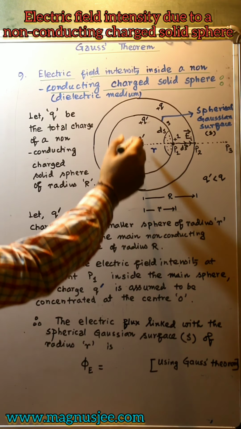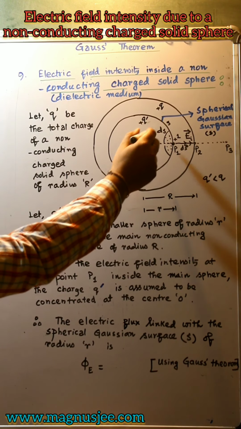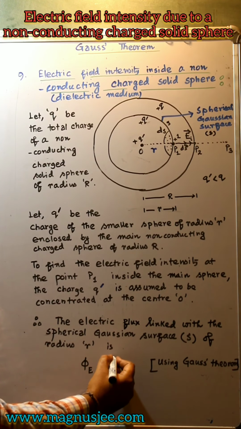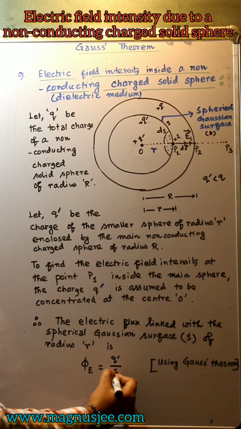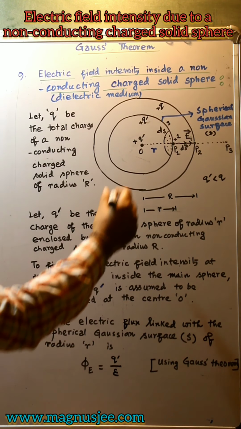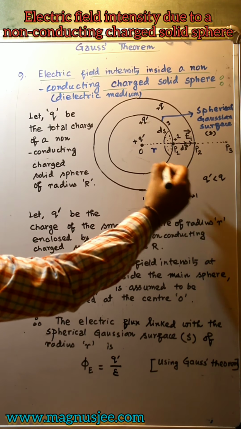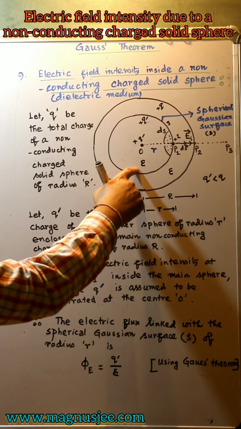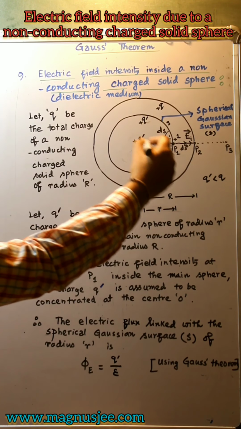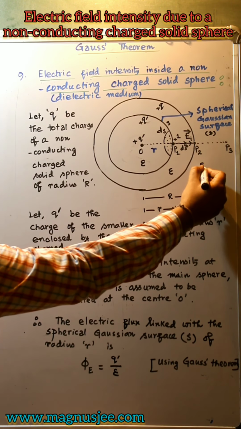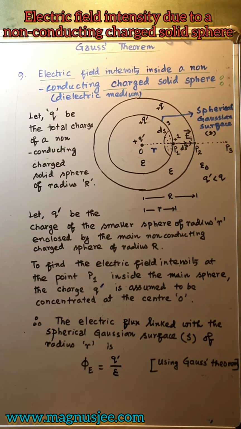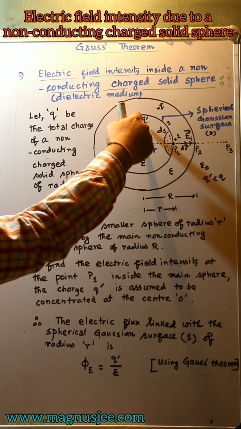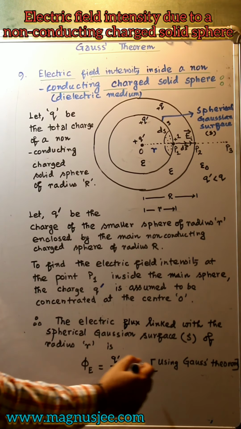So a number of field lines are generated from the q prime charge enclosed by this surface. The electric flux phi e will be the charge enclosed divided by epsilon, not epsilon 0, because inside the solid dielectric sphere the permittivity is epsilon, since there is material inside, and outside we have the vacuum, so that it is epsilon 0. q prime is the charge of this imaginary sphere, and Q is the total charge, using Gauss theorem.